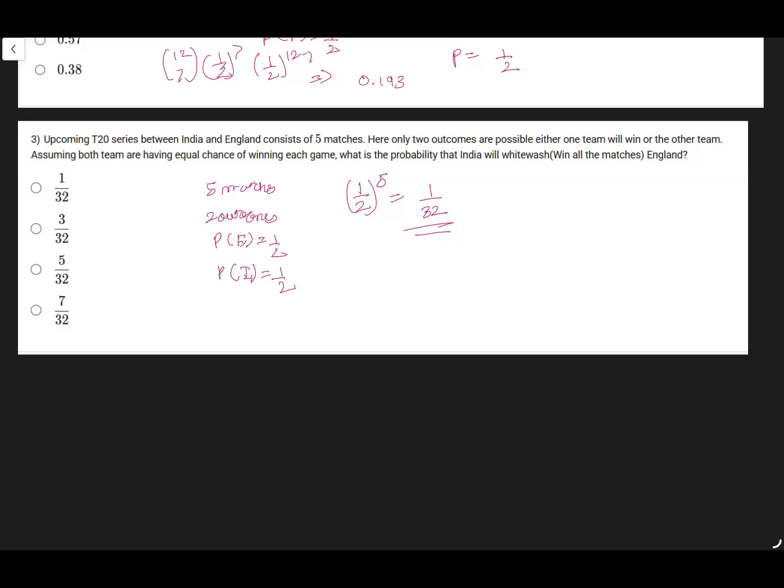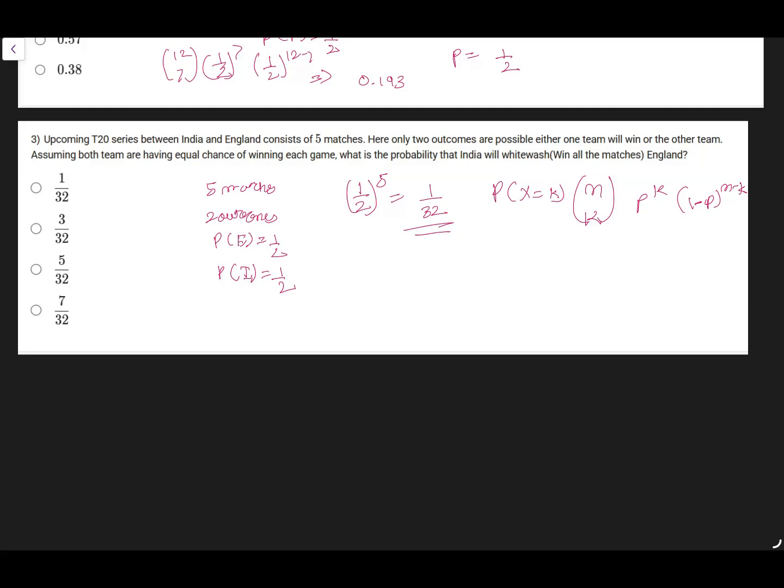This was a very direct way of solving the question. But again, as I said, if you wanted to use the probability of Bernoulli's trial principle, then you can use that as well. So you have n choose k, p to the k, 1 minus p to the n minus k.